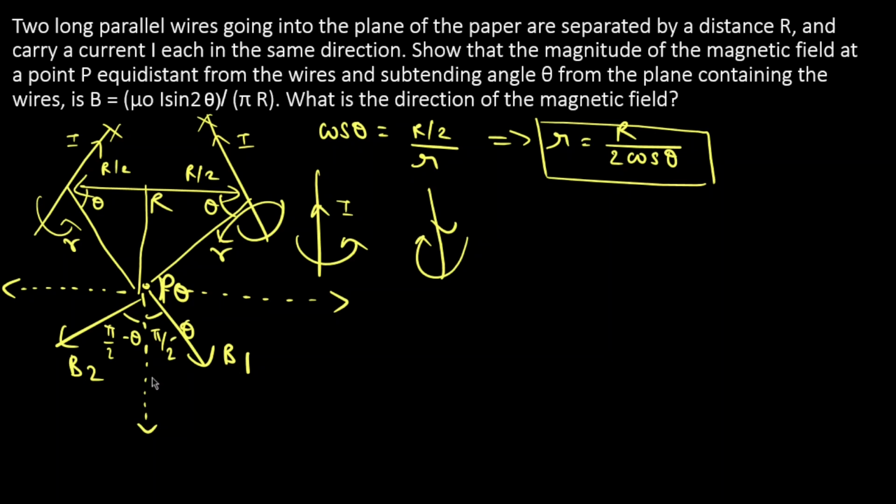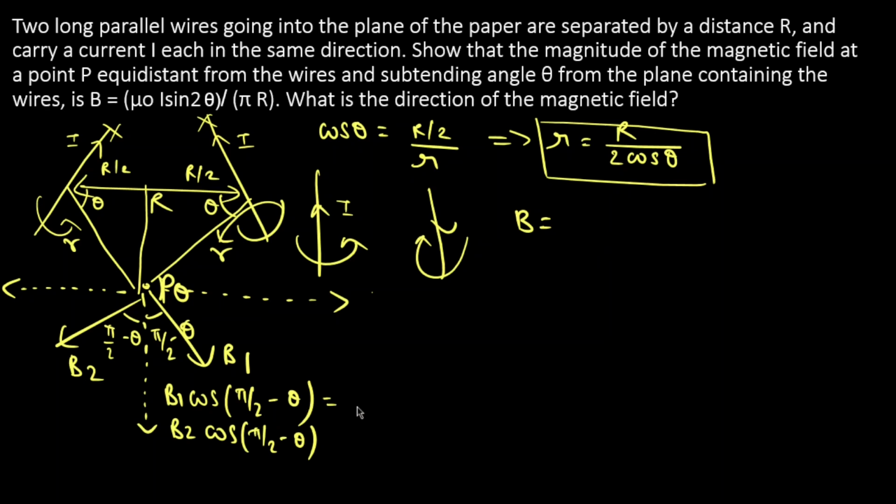So this component of B1 will be B1 cos(90 minus theta), and the cos component of B2 will also be in this direction, so this will be B2 cos(90 minus theta). The sine components of both of them will be in this direction, which are equal and opposite, so they will just cancel out, and the resultant magnetic field B will be due to B1 cos(90 minus theta) and B2 cos(90 minus theta).